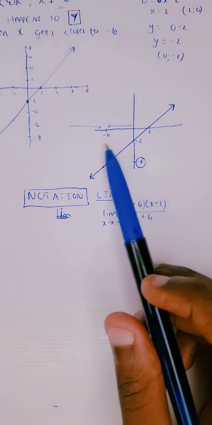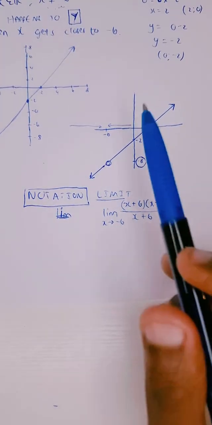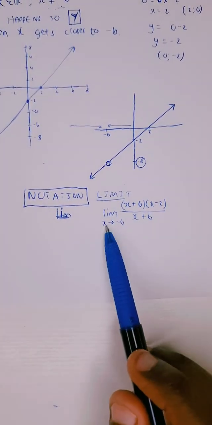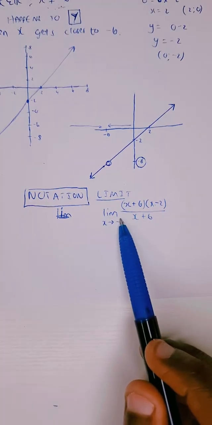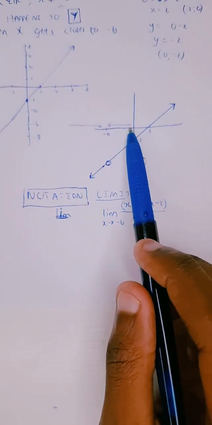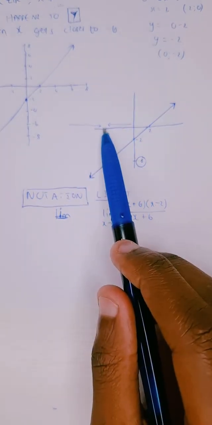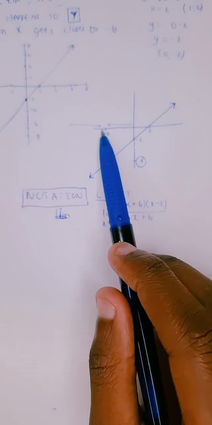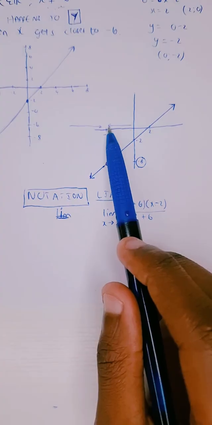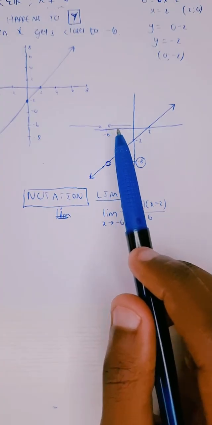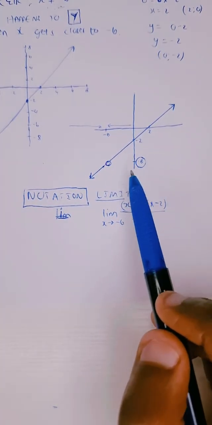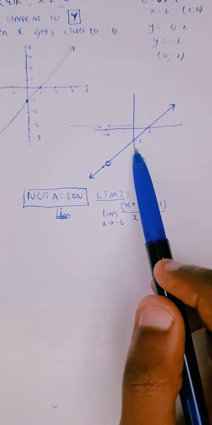Now, if we're looking at this diagram, what is the limit of this function as x approaches negative 6? From the left, as we approach negative 6, and from the right, as we approach negative 6, there seems to be a common value that we are approaching on either side.